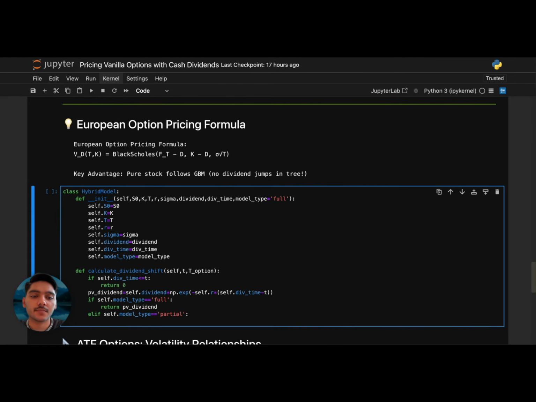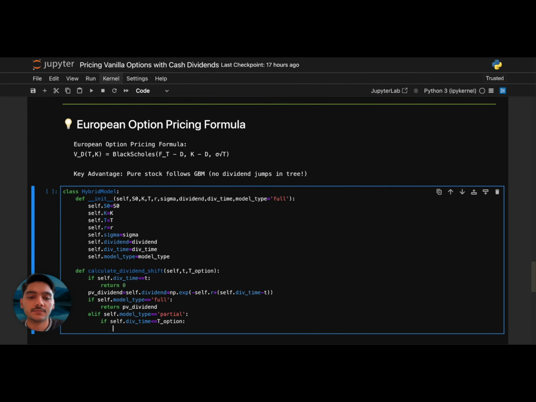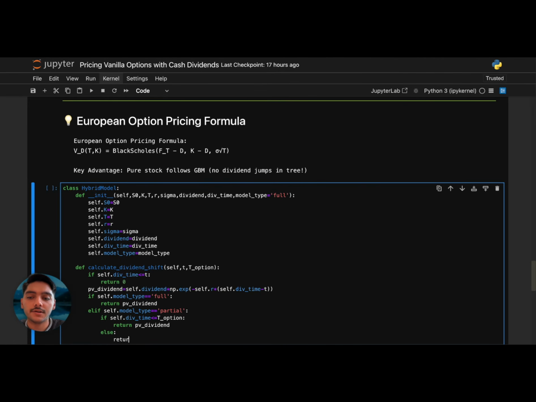So if self.dividend_time is less than or equal to T_option, we return PV_dividend, else we will return 0.